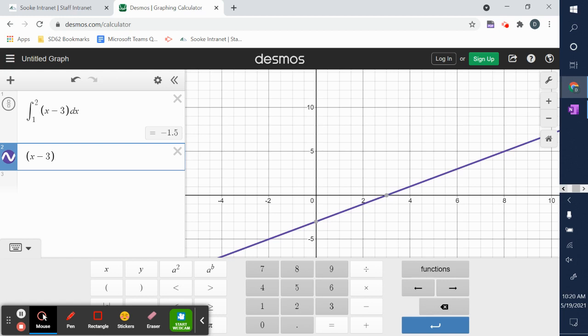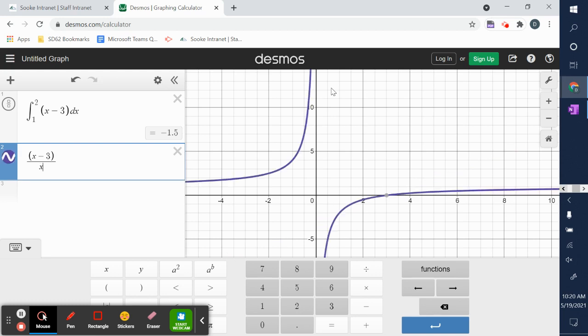Now, if I take that function, x minus 3, I put it over x, we created a vertical asymptote, right? Everybody agree? At 0. But if I put that into the integral here, I will still get an answer because it's outside of our domain, right?